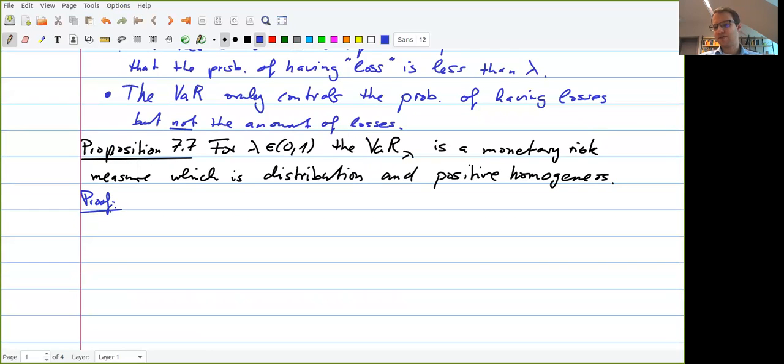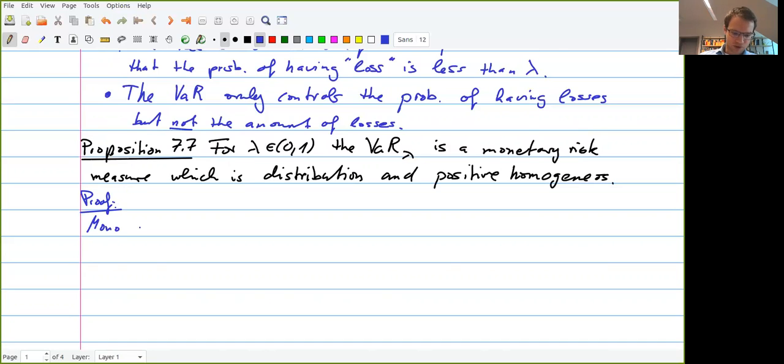So if I always have a bigger payoff, then the risk of losses is less. And the other one was translation invariance. So if I add a cash position, this cash position reduces my risk assigned by the value at risk by exactly the amount of cash I added. Okay, so let's do this.